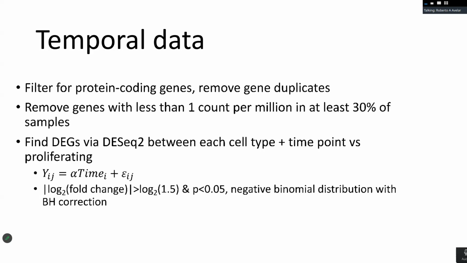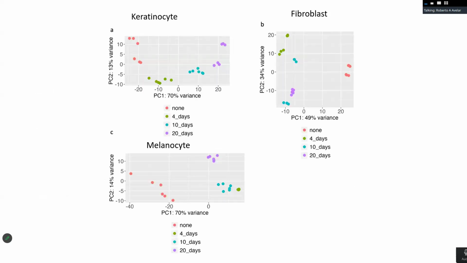So we did a similar pipeline. We filtered out non-coding genes. We removed lowly expressed genes, and this time we found differentially expressed genes between each cell type and time point and the proliferating controls. And so this is what the three PCAs look like.